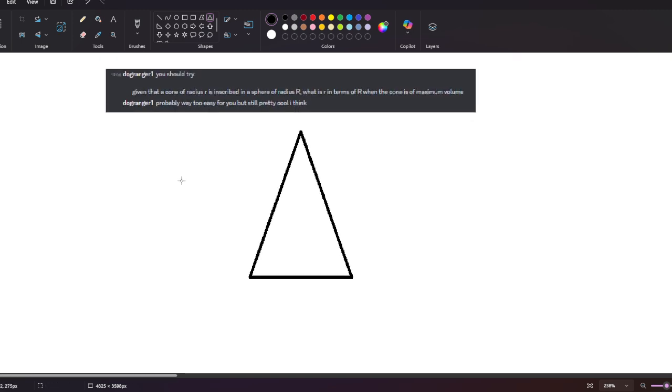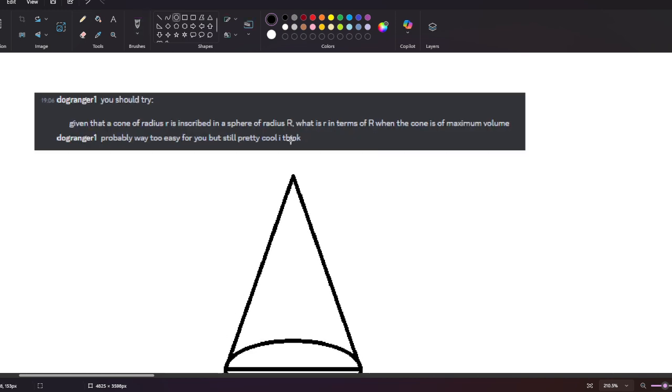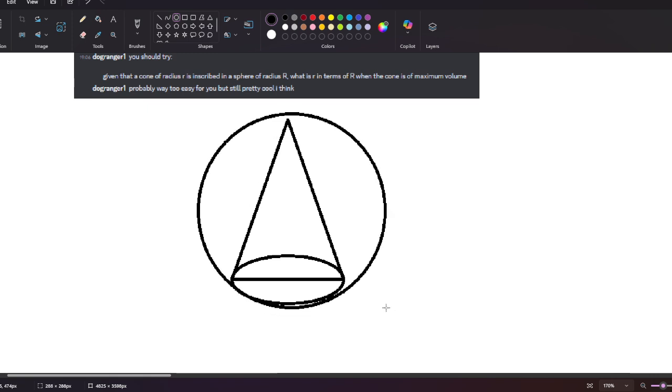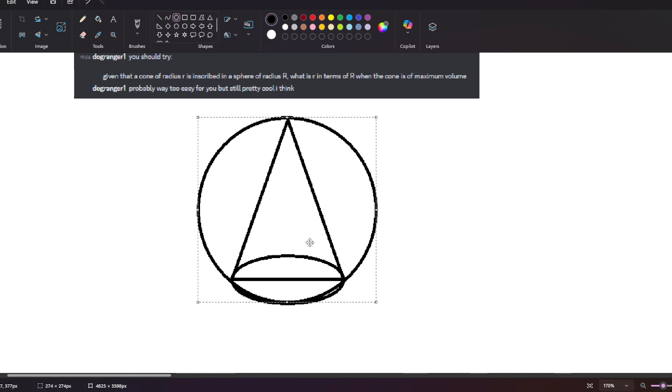an isosceles triangle to represent the cone plus the base. Now, this isosceles triangle is going to be part of the cone, and a section of a sphere, a plane intersection, is going to be a circle where that isosceles triangle is inscribed.